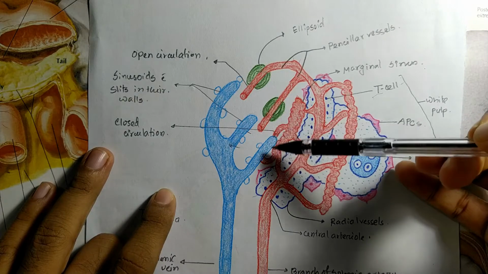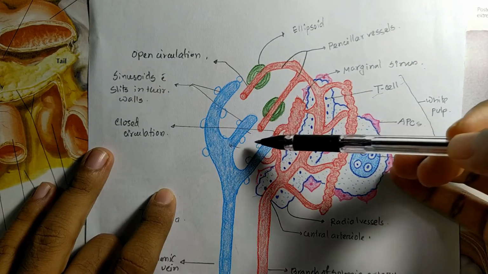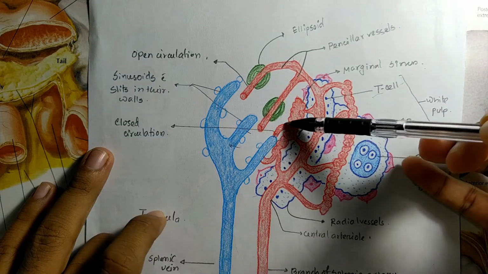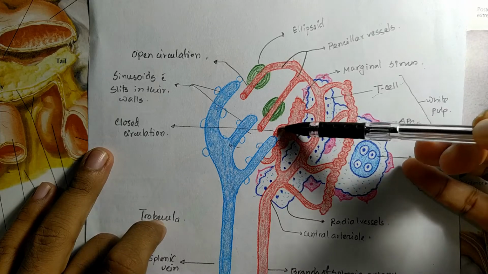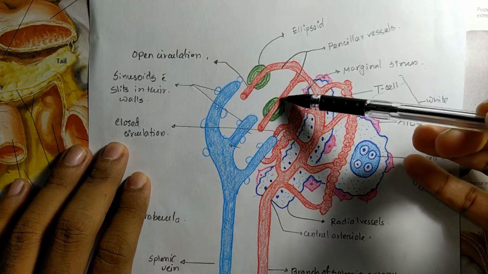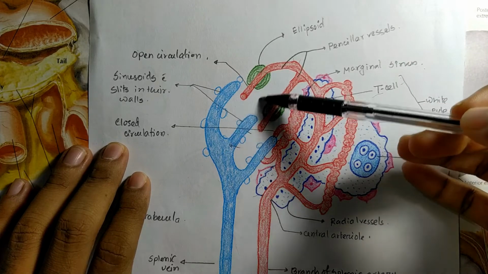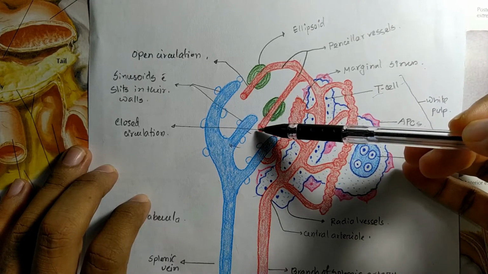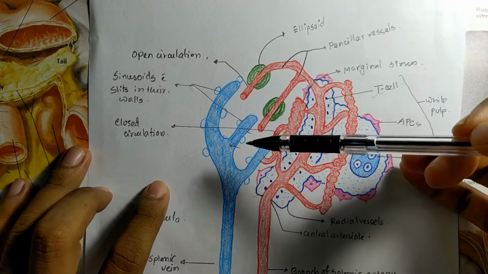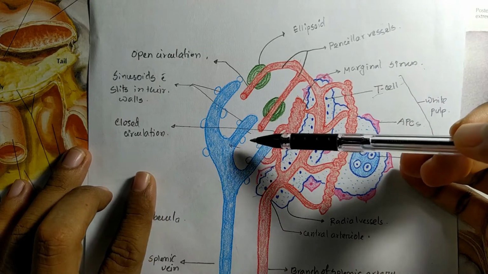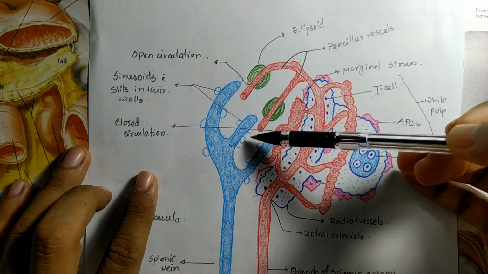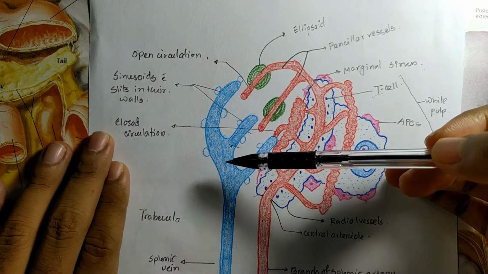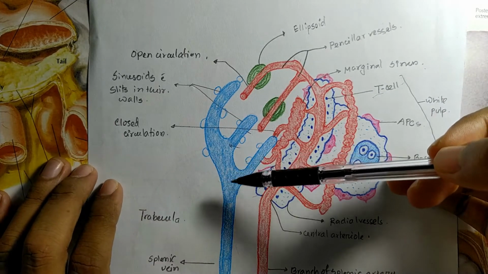So you can see some marginal venous sinus, and some open circulation. Some arteries go directly through the closed circulation from the marginal sinus into the venous sinus, and some go through the penicillin artery in the open circulation to the venous sinuses, and ultimately the selected, non-defective RBC can cross through the fenestration and access the splenic vein.